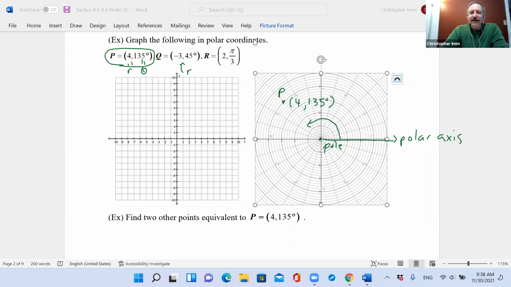Benjamin, I would like you to try to go ahead and plot R. Again, you'll have to use the annotate tool. Caleb, I'd like you to try to find another point that's equivalent to 4, 135 degrees. And Jonathan, I would like you to try to find another point that's equivalent to 4, 135 degrees.